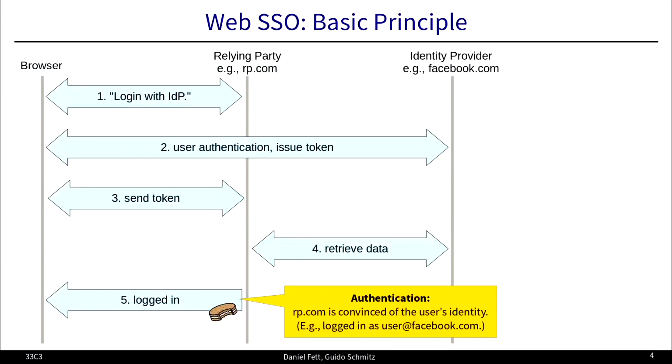But for authentication, you need to retrieve some unique user identifier, and this basically makes use of this authorization mechanism. So you get authorized to access this unique user identifier, and you use this then for authentication.